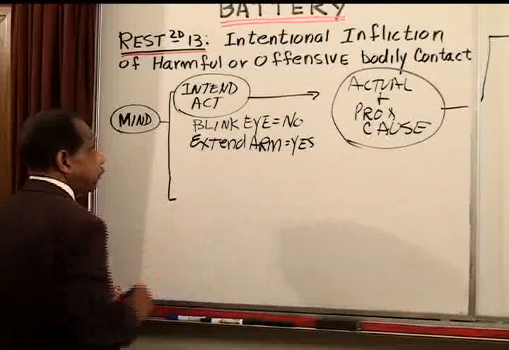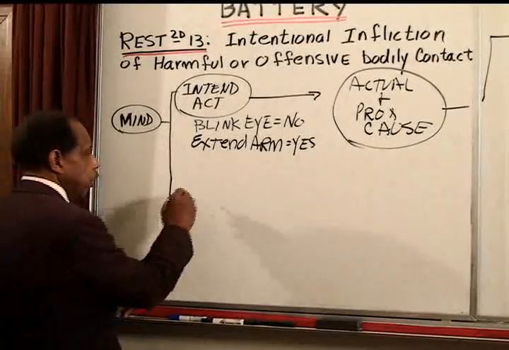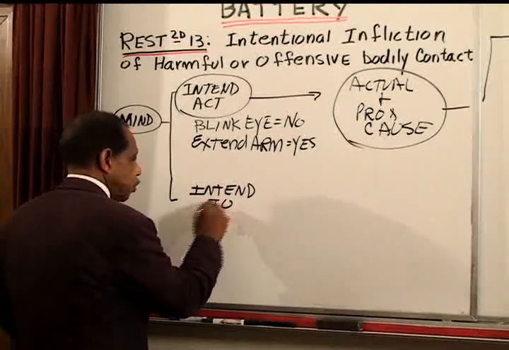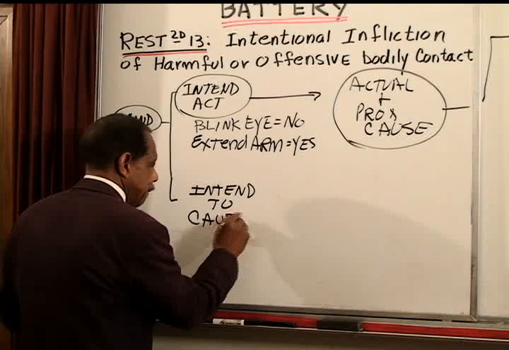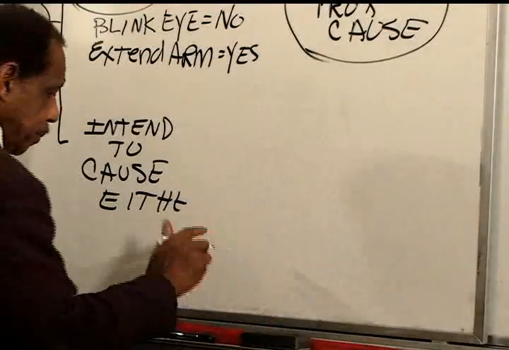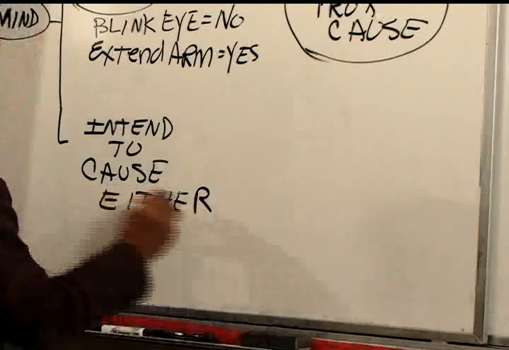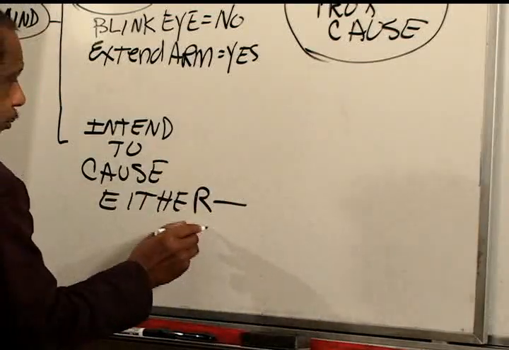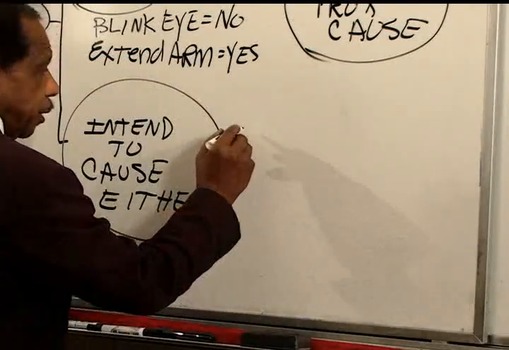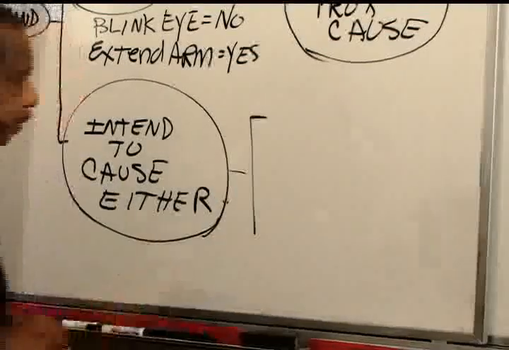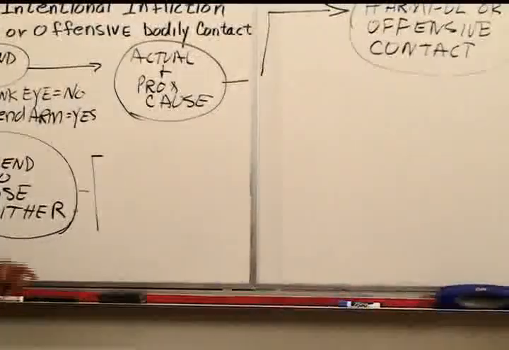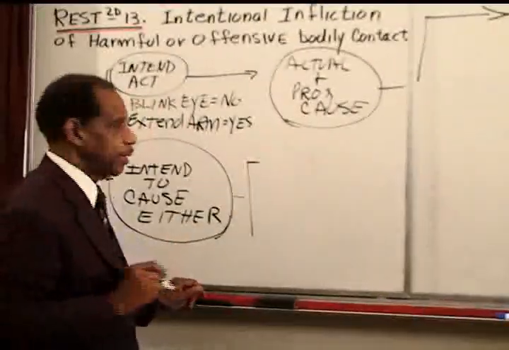Next, the mind must also intend to cause either the harmful or offensive contact, must intend to cause that harmful or offensive contact.